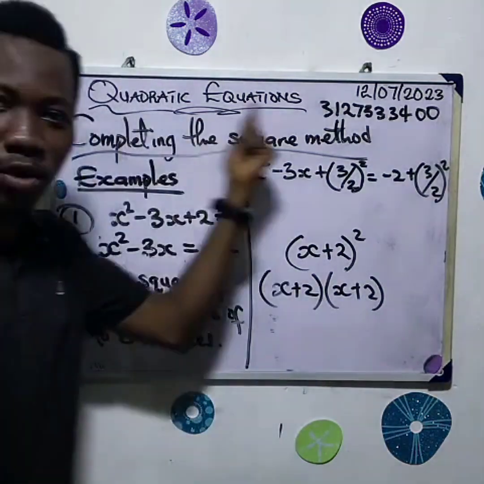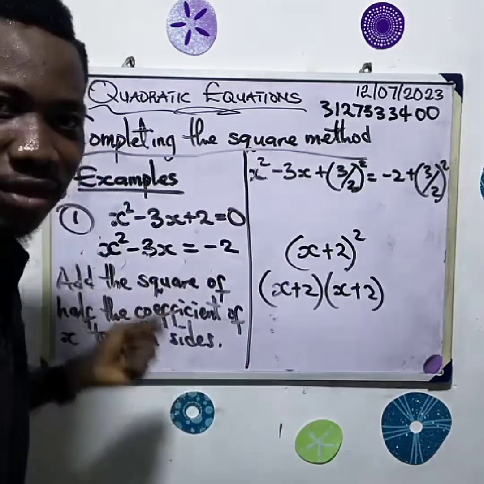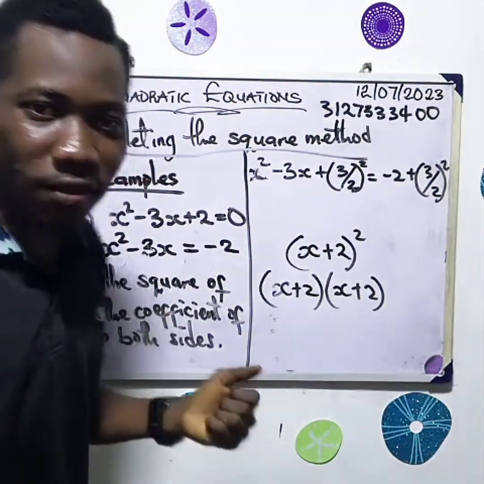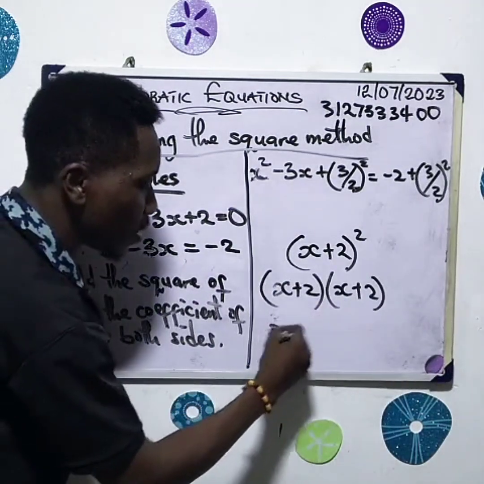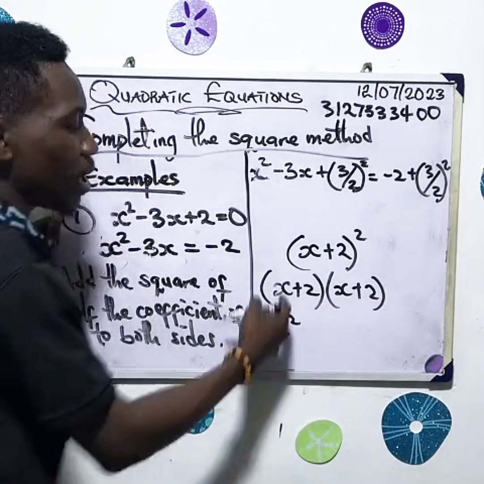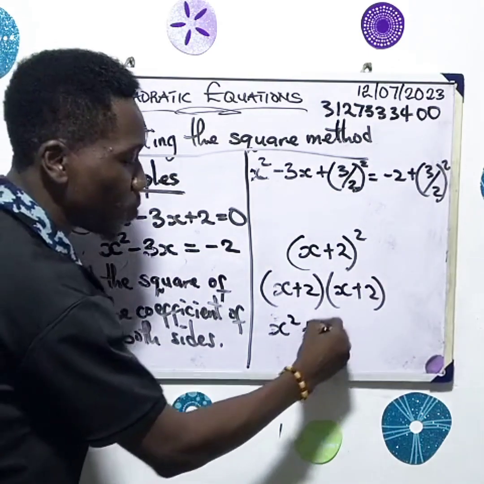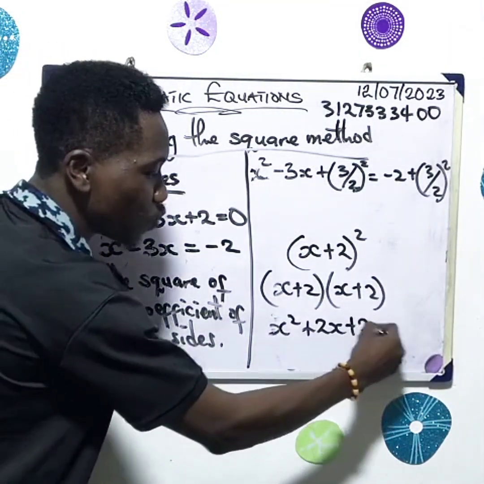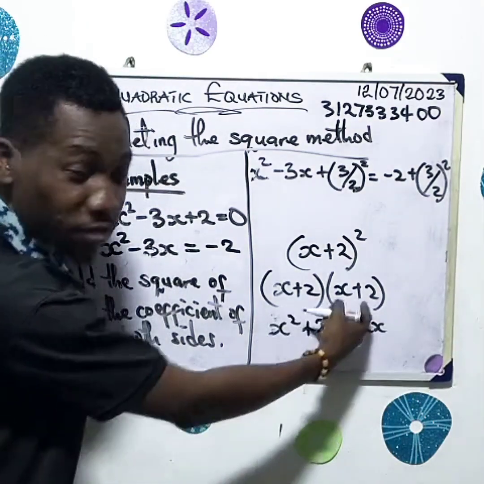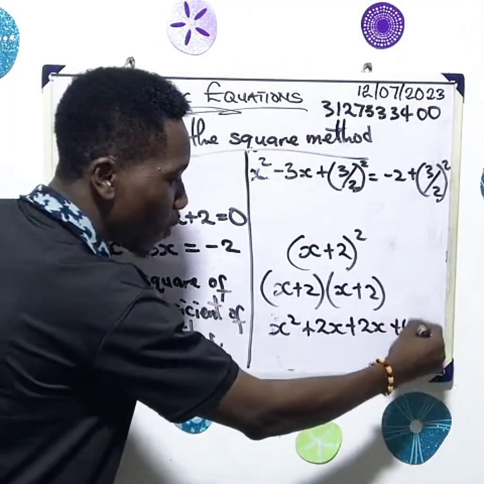This is a quadratic equation. Let's expand this. X times x will give us what? X squared. X times 2 will give us what? Plus 2x. Plus 2 times x will give us what? Plus 2x. Plus 2 times plus 2 will give us what? Plus 4.